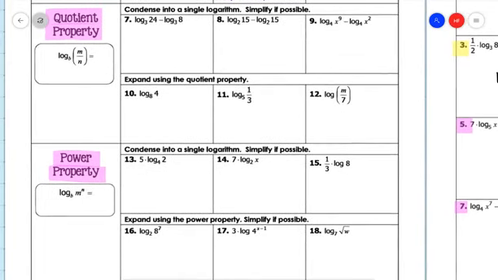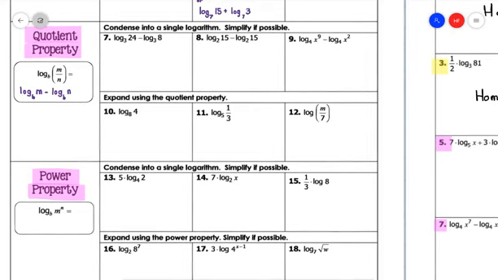Now, whenever we are using a quotient, whenever we have division in there, we've got m over n instead. But we've got to make sure they have the same base again of b. We would have log base b of m minus log base b of n. And so it works the same way. We're going to condense them on the top three and then expand them on the bottom three.